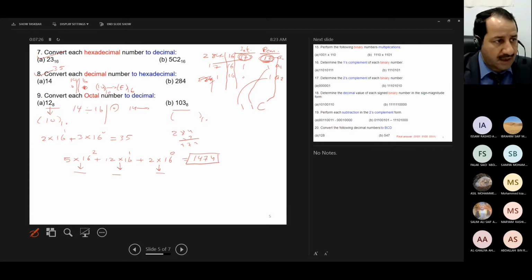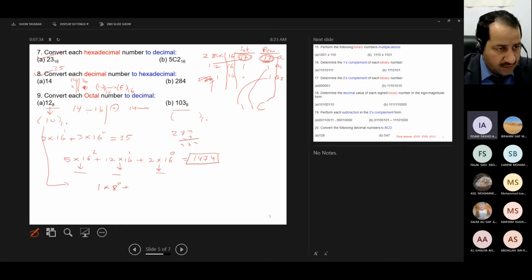What about the second one? I will work on the first one while you are doing the second one. So I will say 2 times 8 to power 0 plus 1 times 8 to power 1. This gives me 2, this gives me 8, and this means 10. Okay. Now let's do it for the second one.